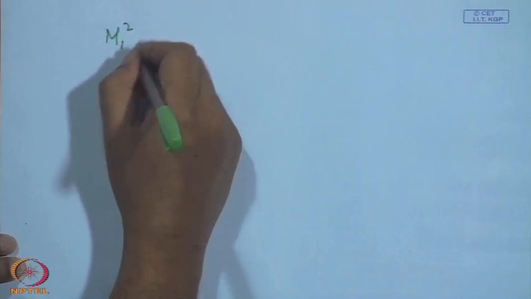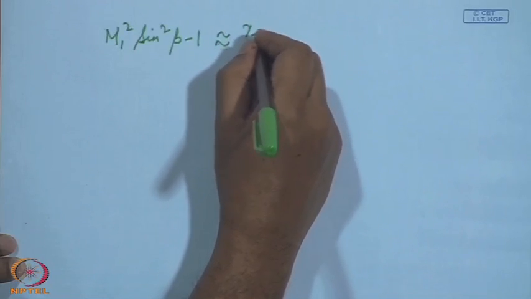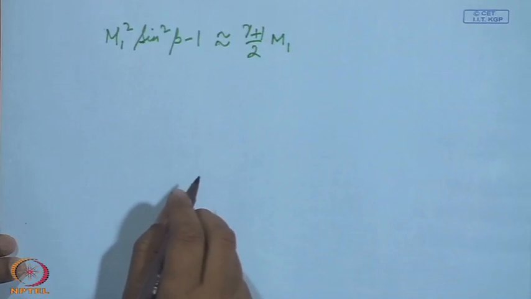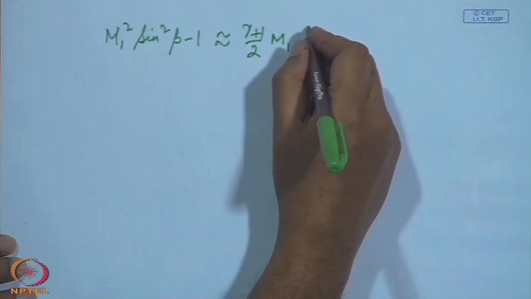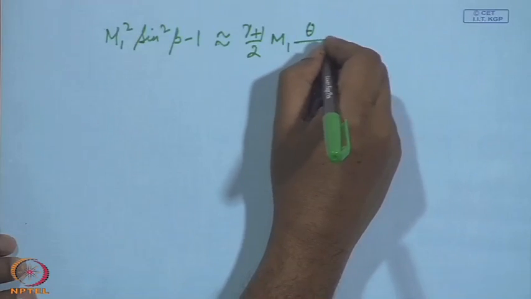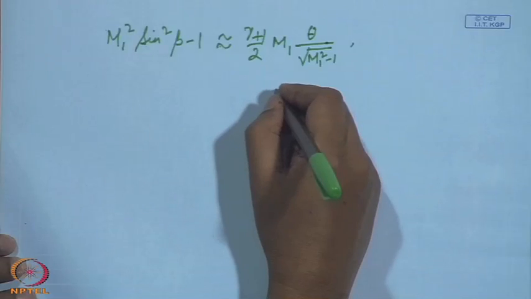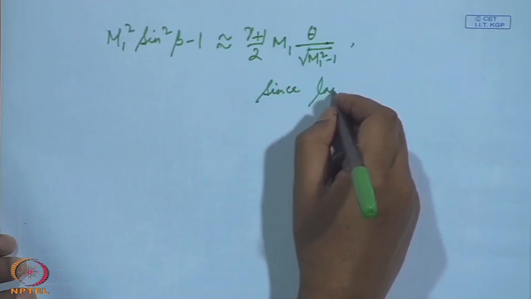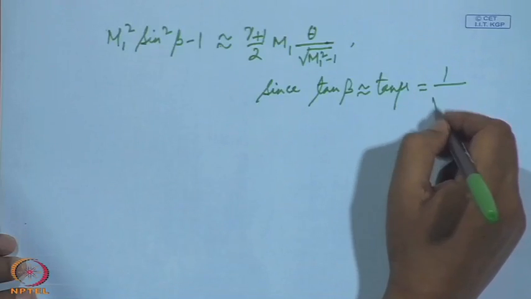Then the approximation reduces to M1 square sin square beta minus 1 becomes close to M1 square minus 1, and tan beta is very close to tan mu, which is of course 1 by root over M1 square minus 1.